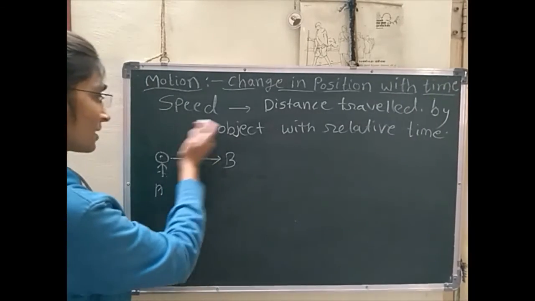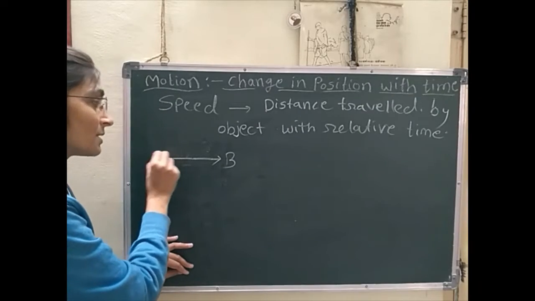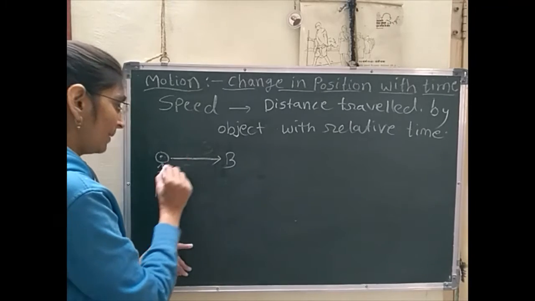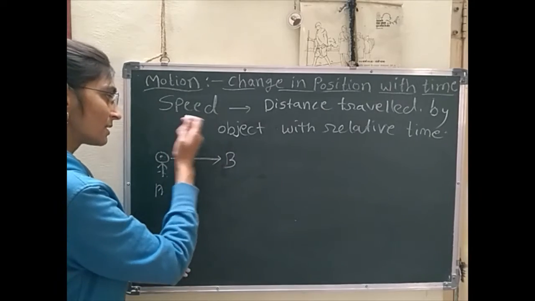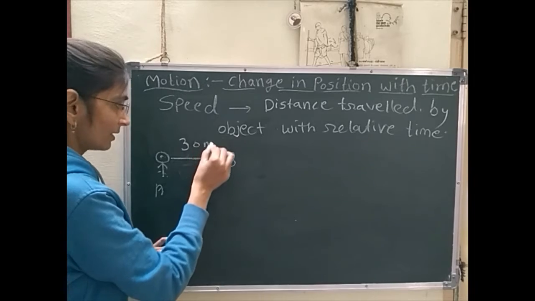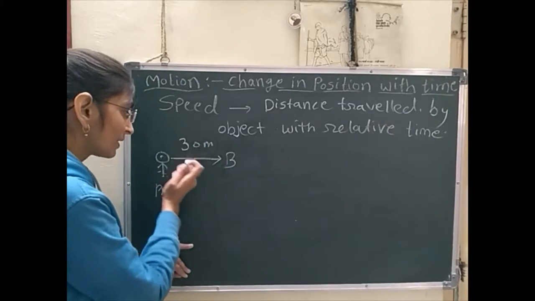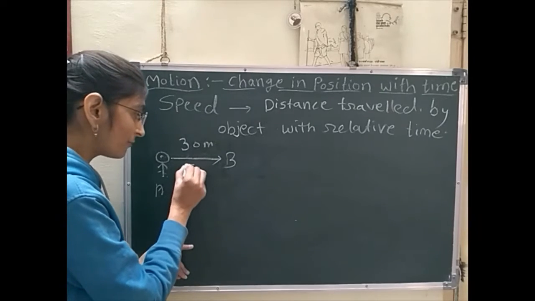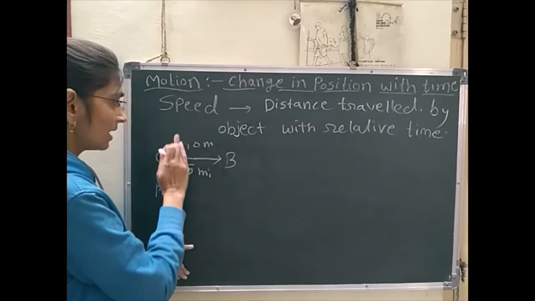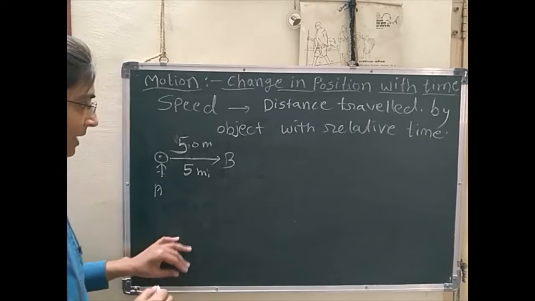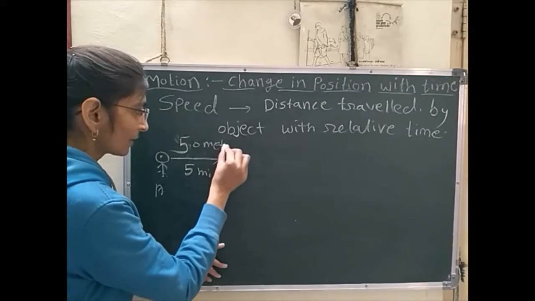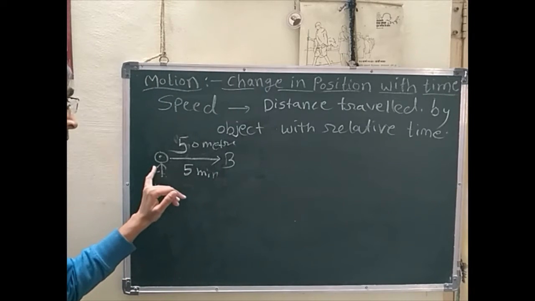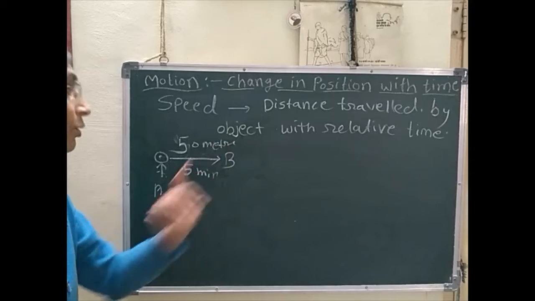Suppose that person is walking from A to B. Suppose this distance is 50 meters and the time required is 5 minutes. So this is the motion of this person from point A to B.